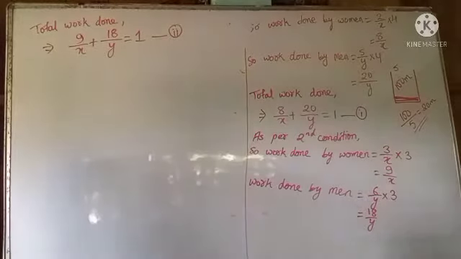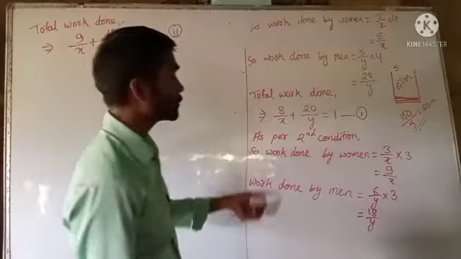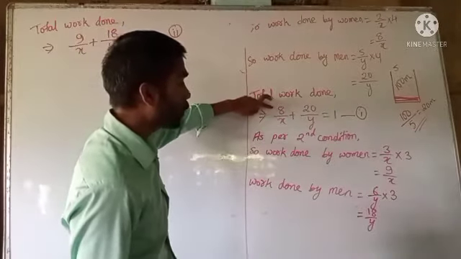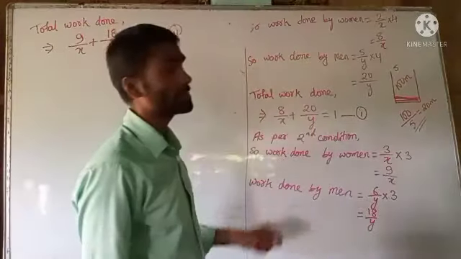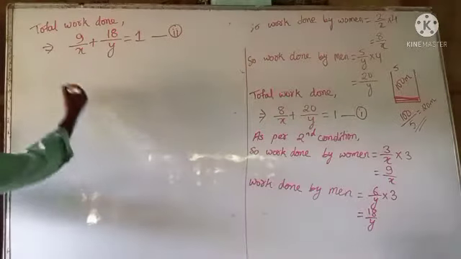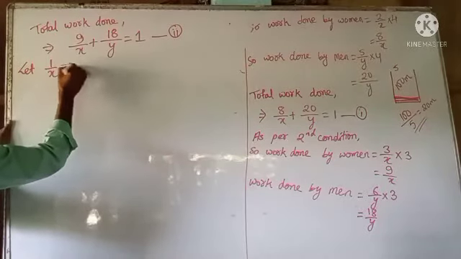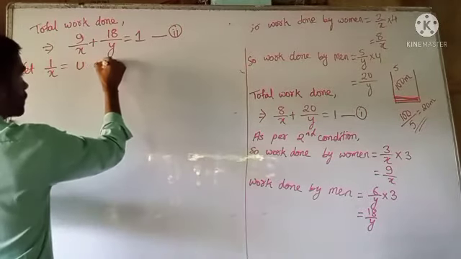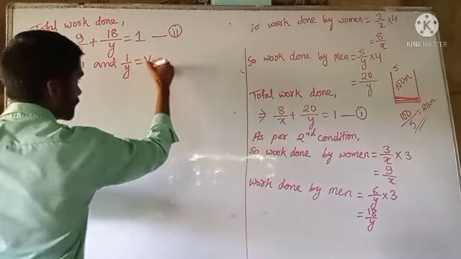Now here, equation 1, we can find that it is in the form of fraction. So what we are going to do here is, we will take 1 by x as one variable and 1 by y as another variable. So we will write here, let 1 by x is equal to u and 1 by y is equal to v.